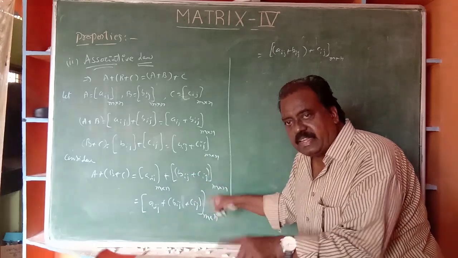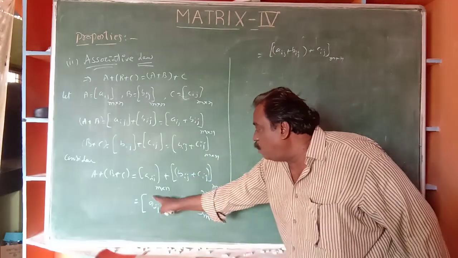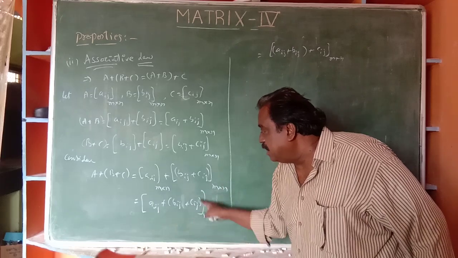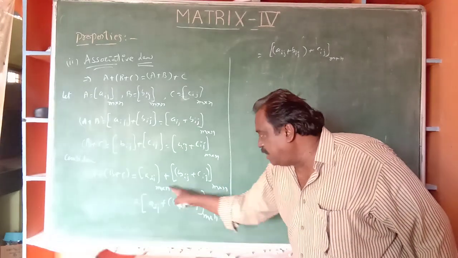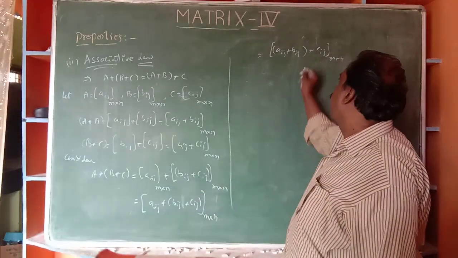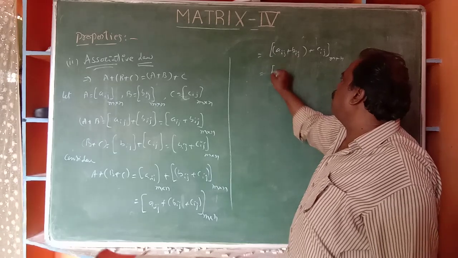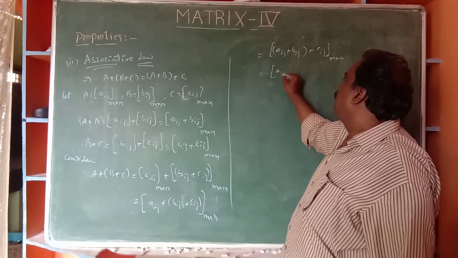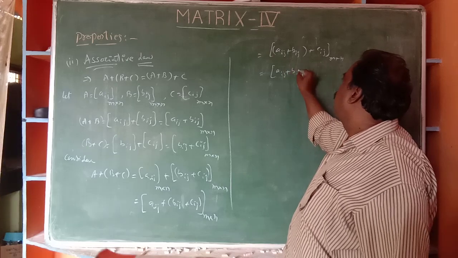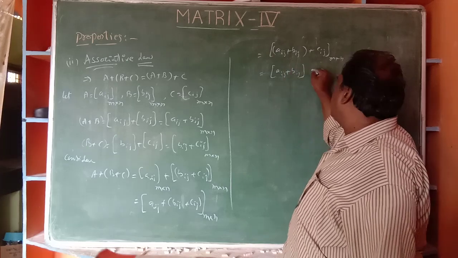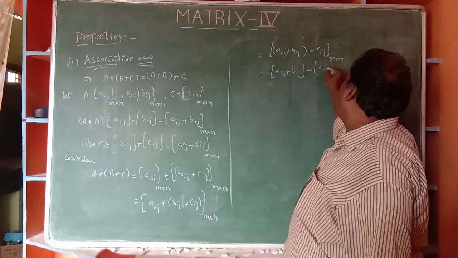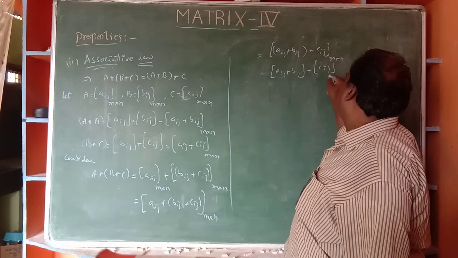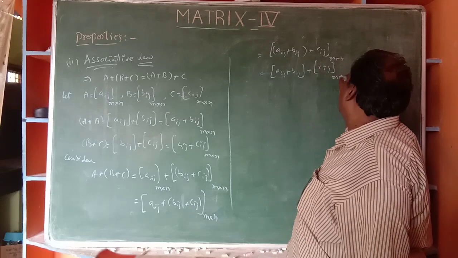With the bracket, it is a matrix. But we are applying the associative law inside, in the case of elements. So this is nothing but Aij plus Bij in one matrix and Cij in another matrix.